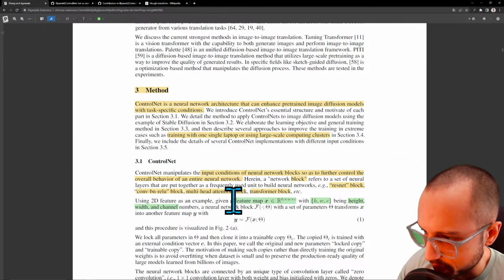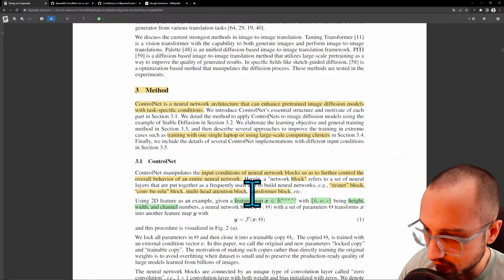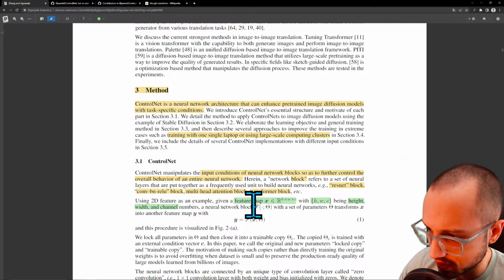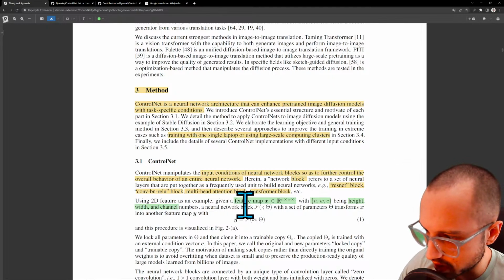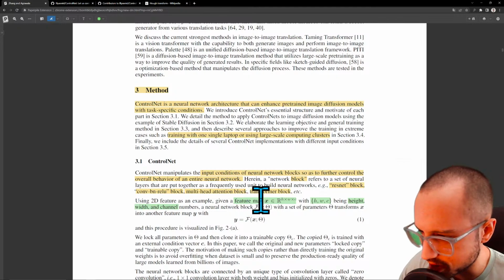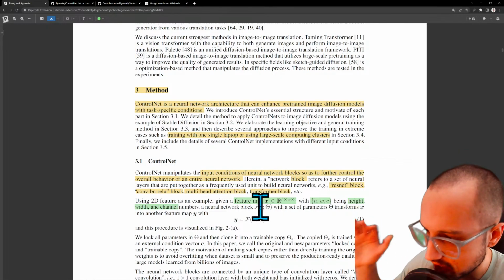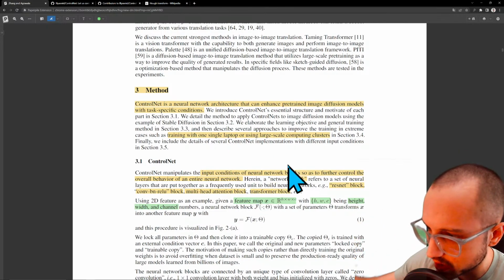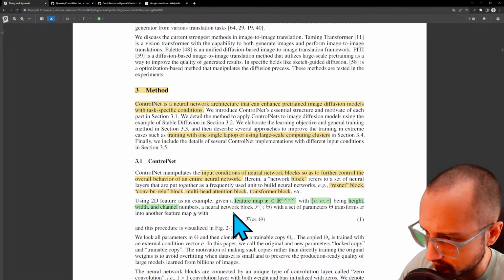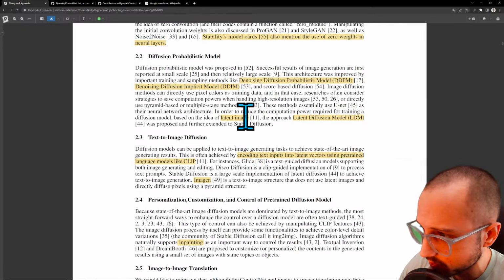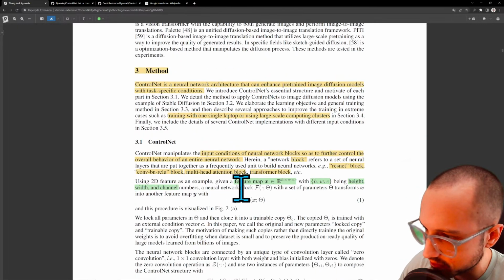Generally, when people use the word feature map, you're not talking about an image. Now you're talking about an intermediate representation within your neural network, right? So this is not the very first input, which is the image. This is going to be one of the layers in the middle, right? As soon as you feed something through a neural network layer, it becomes a feature. So for example, the latent image here, another way to say that is a feature map.